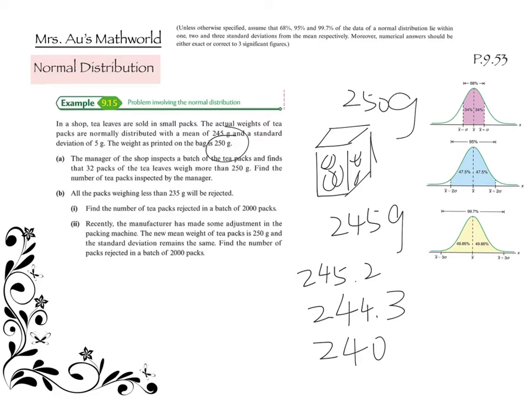So when we take a look at this kind of calculation, we need to see what values are accepted, and we also need to know the percentage of the tea packs which is accepted. If it is too light, that means less than 225 grams, it will be rejected, which means we will throw it away.